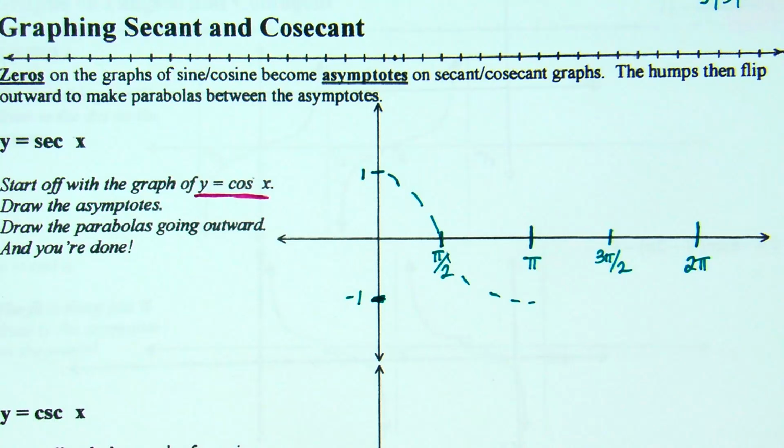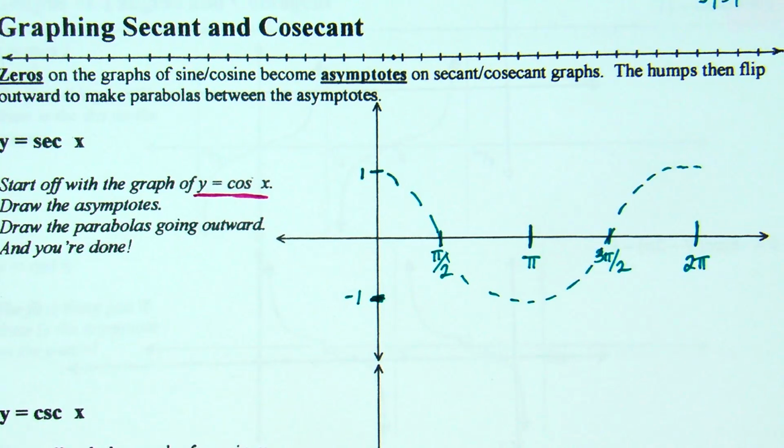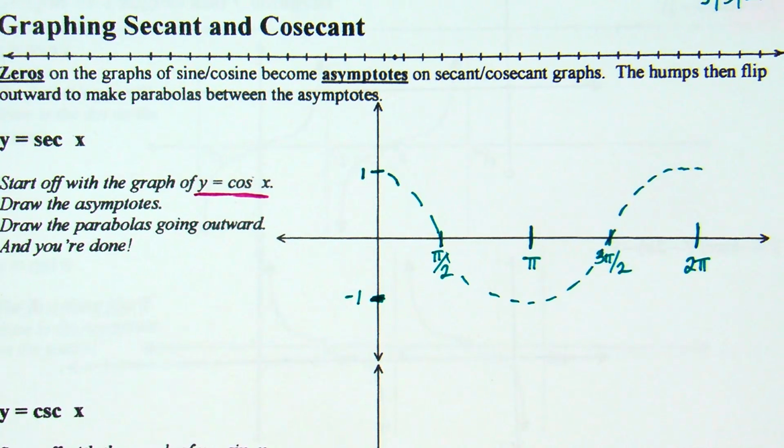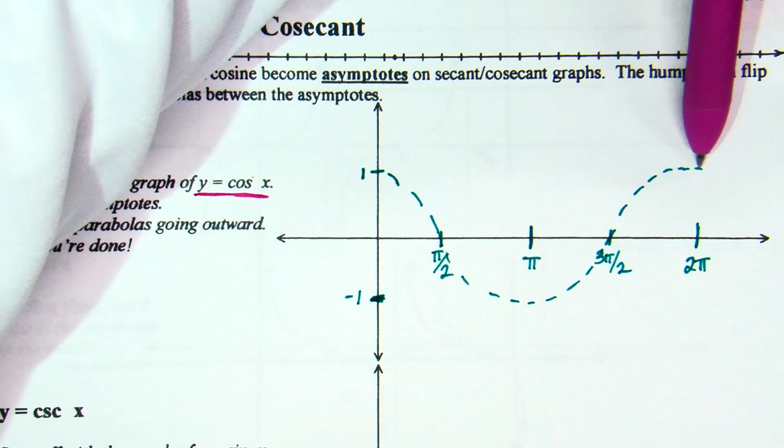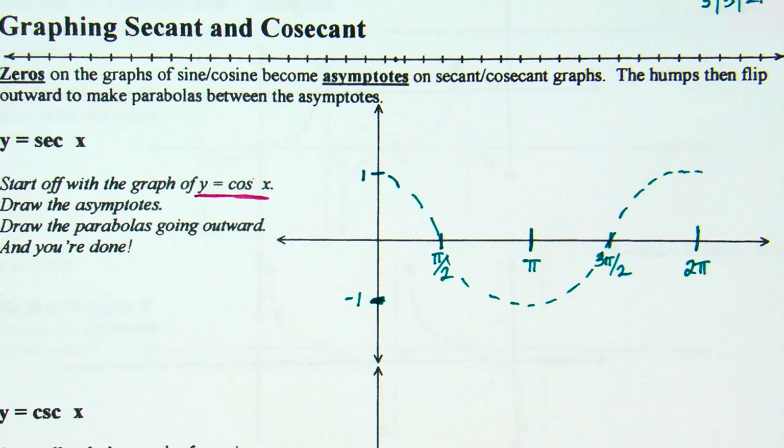Then what? Crosses through 3 pi over 2. And finally, a max above 2 pi. Now, what level are these mins and maxes at? They are across from 1 and across from negative 1. That needs to be fairly accurate.